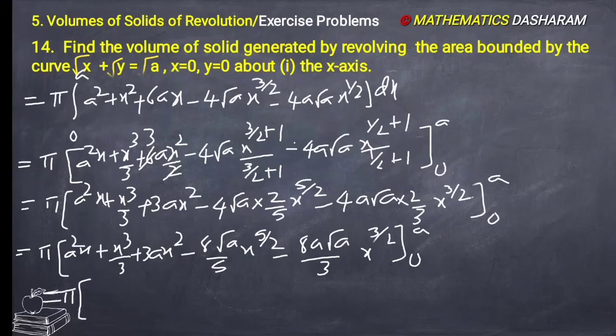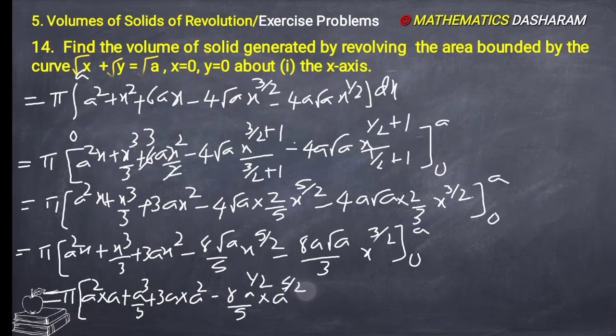So π times the bracket: first the upper limit, a²·a + a³/3 + 3a·a² − (8√a/5)·a^(5/2), where √a can be written as a^(1/2), minus 8a·√a/3·a^(3/2), where √a is a^(1/2).